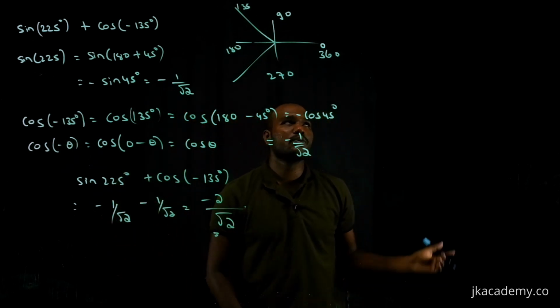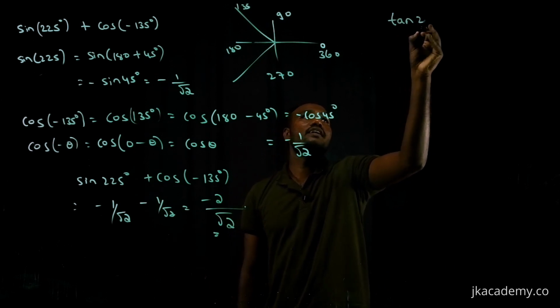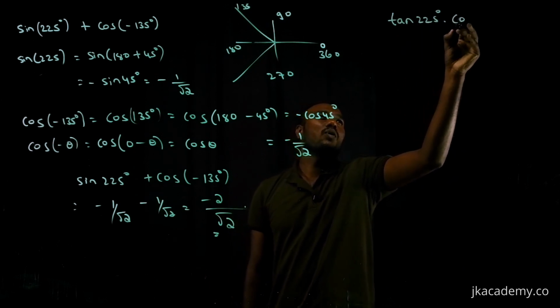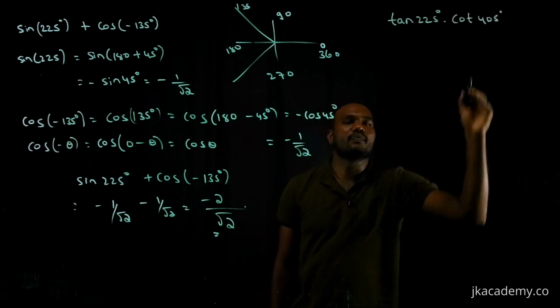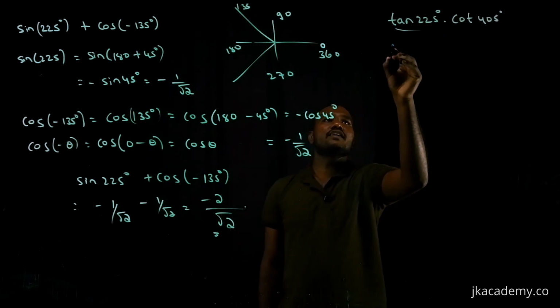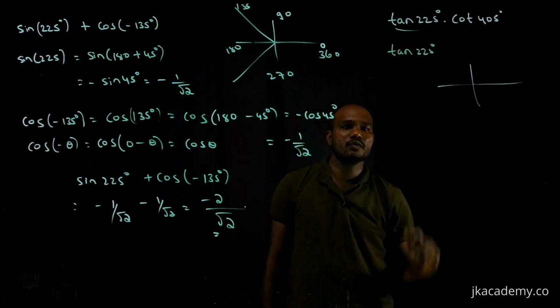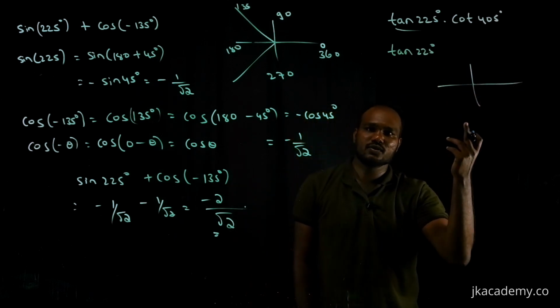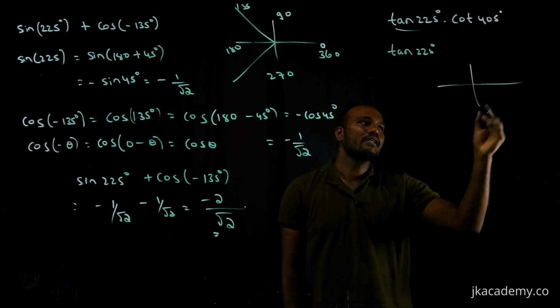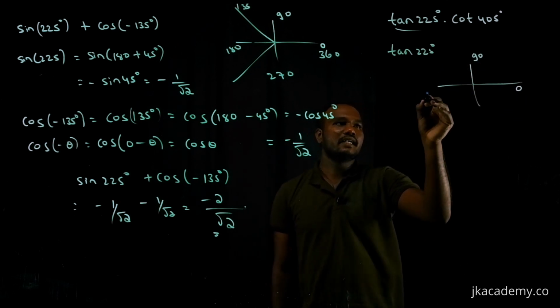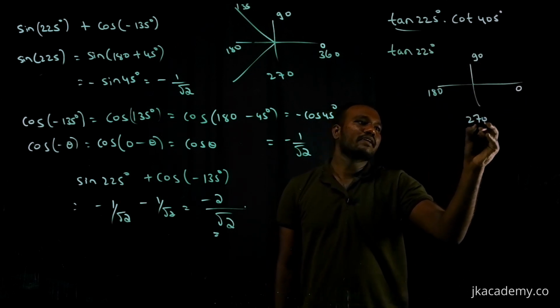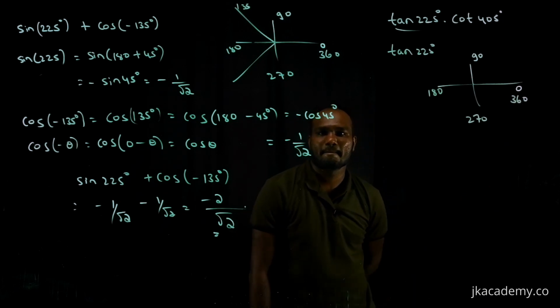There's another question we will do. That is tan 225 degree times cot 405 degree. So first we will solve tan 225 degree. How much is tan 225 degree? Let's solve this. Again, first we have to visualize where is 225 degree. We have to find out where 225 degree is, right? So this is 0 degree, 90, 180, 270 and 360.